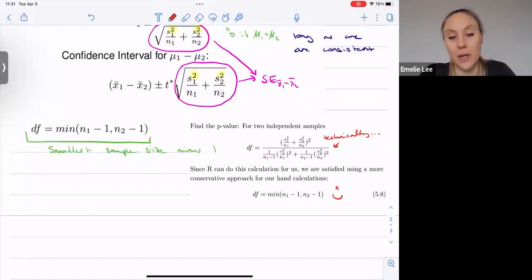And they're going to be approximately the same. What's going to happen is this degrees of freedom is going to be slightly smaller.